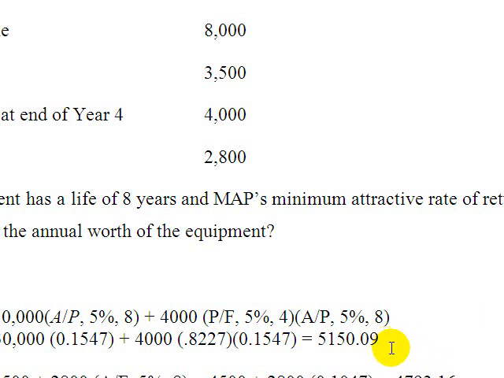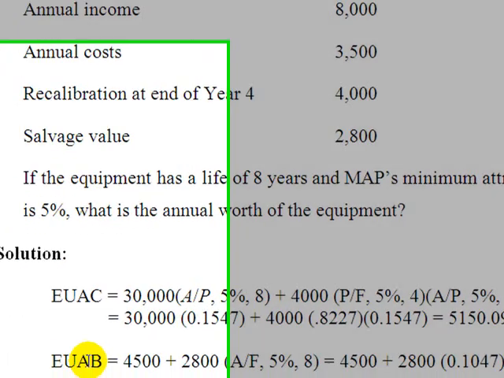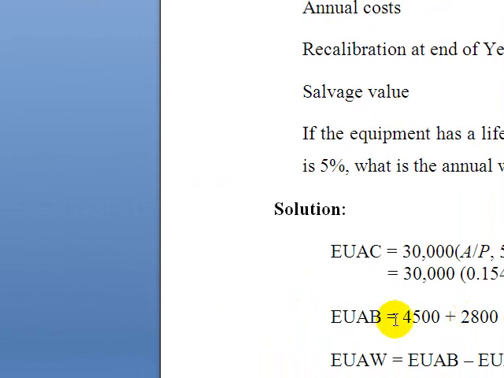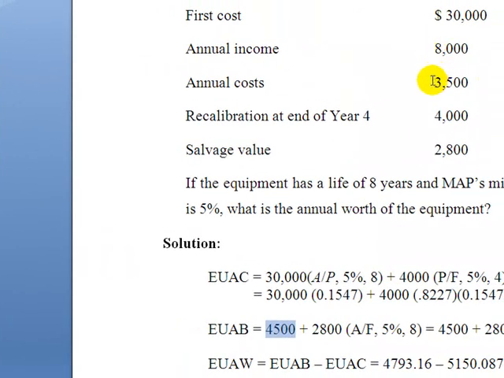Now let's focus on EUAB, the equivalent uniform annual benefits. What kind of benefits or positive cash flows do we have? First is 4,500. Where did it come from? Basically, I subtracted the 3,500 annual cost from the annual income of 8,000, and that gave me 4,500.